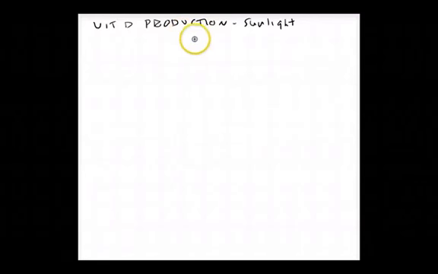So let's discuss the pathway by which we can take cholesterol and create a functional vitamin D. The first step is taking something called 7-dehydrocholesterol and exposing it to ultraviolet light.